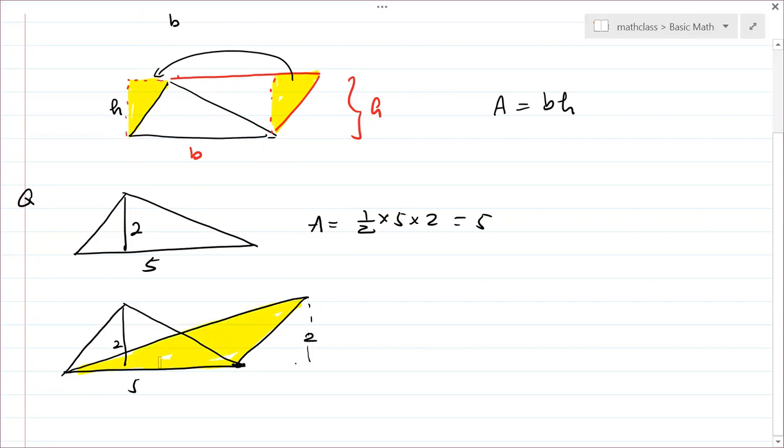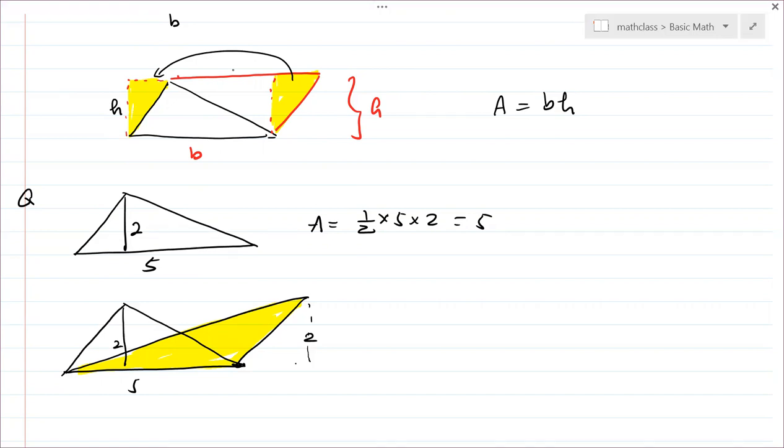But they have the same base. So without doing computation, you think the shaded triangle is larger. Of course, the size is larger, so it's longer, okay? But does that mean it has more area? If you have 2 pizzas like that, in my opinion, it will be the same.